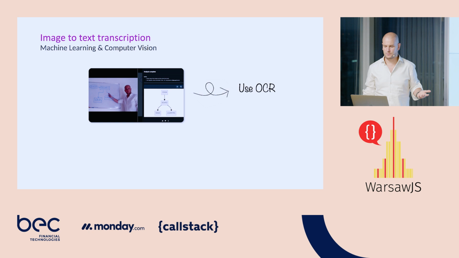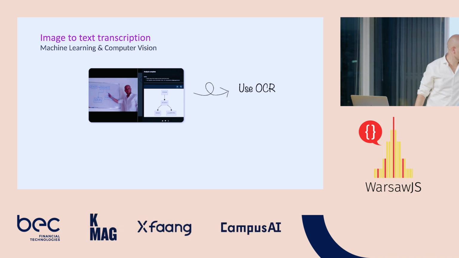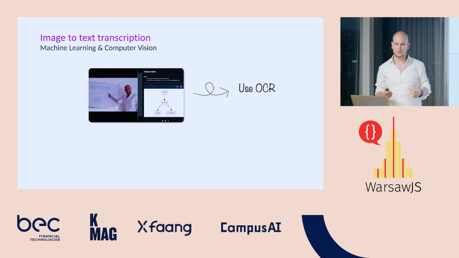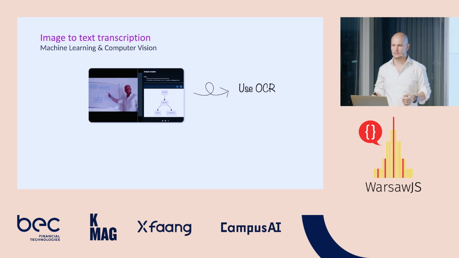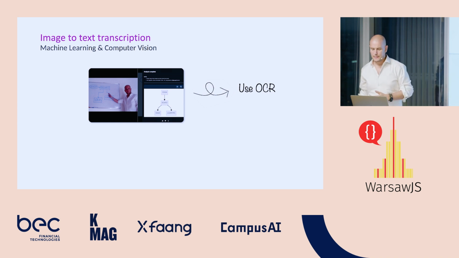Use OCR, that's simple. But unfortunately, OCR systems don't work that well on data which doesn't have a nice structure. When you are working with a whiteboard, often you are mixing languages, you are adding some dashes, and for OCR the results were far from perfect, I would say.